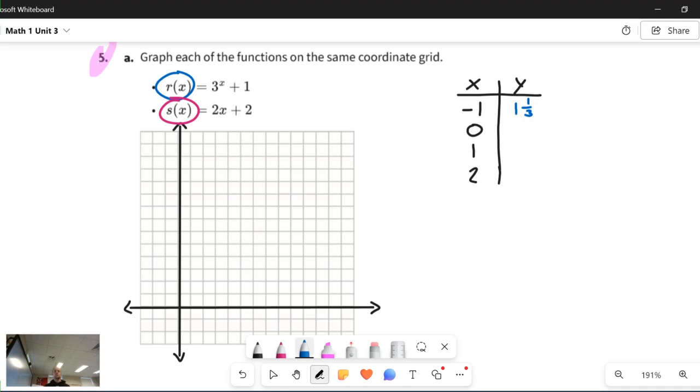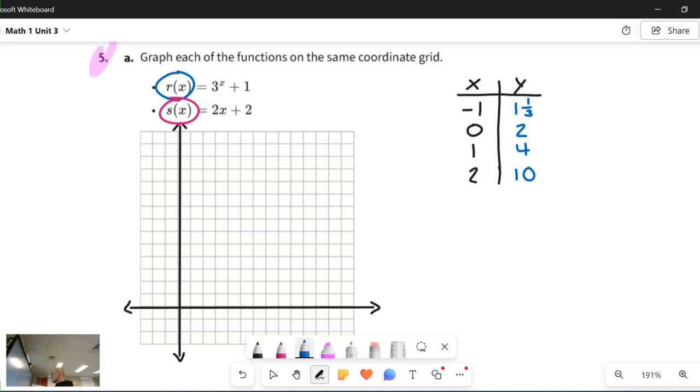I normally would never do that, but just for the sake of graphing, it helps us out instead of having improper fractions. I plug 0 in, I get 1 plus 1 gives me 2. Plug in 1, I get 4. Plug in 2, I get 10. Probably going to be able to graph that, but we're going to see.